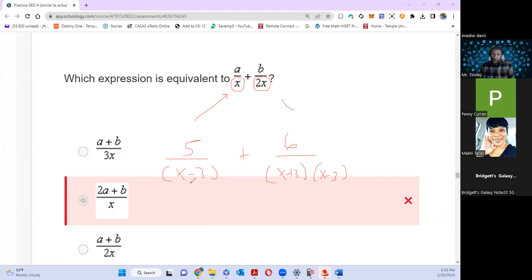So when you choose a value for X, it can't be +3 or -3. You cannot store X as -3 or +3. Why? Because it'll make them undefined. And then you couldn't do this problem.